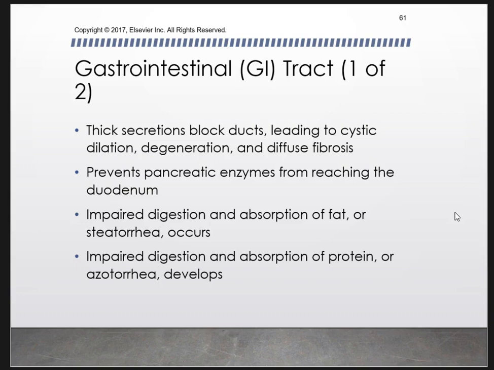Due to those thick secretions, I mentioned the pancreas earlier, so pancreatic enzymes are going to have a really hard time getting to do their job, which is within the duodenum, because of those secretions. So without those pancreatic enzymes, we have impaired digestion, with all that fat in there, and then the steatorrhea, which was that really bulky, foul, gross poop, happens.